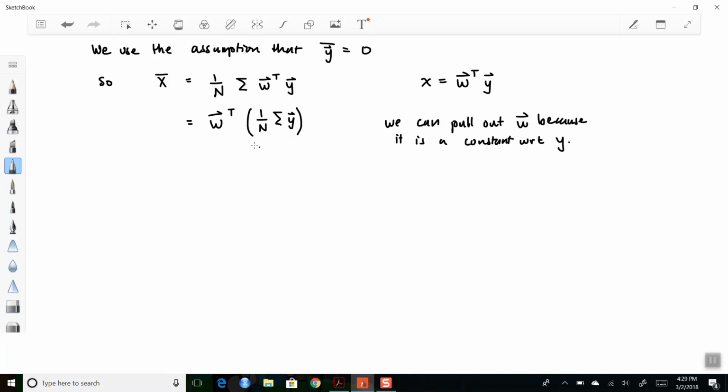But we know this part becomes 0, so we have W transpose 0, so I guess the mean of x will be 0 itself.